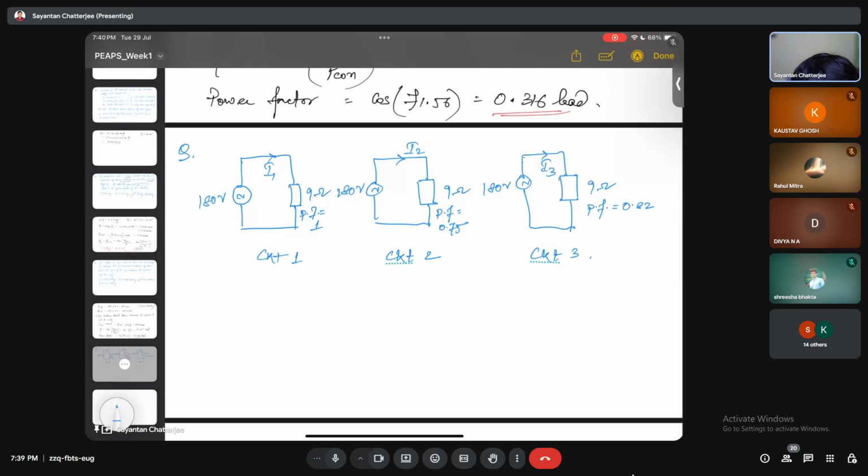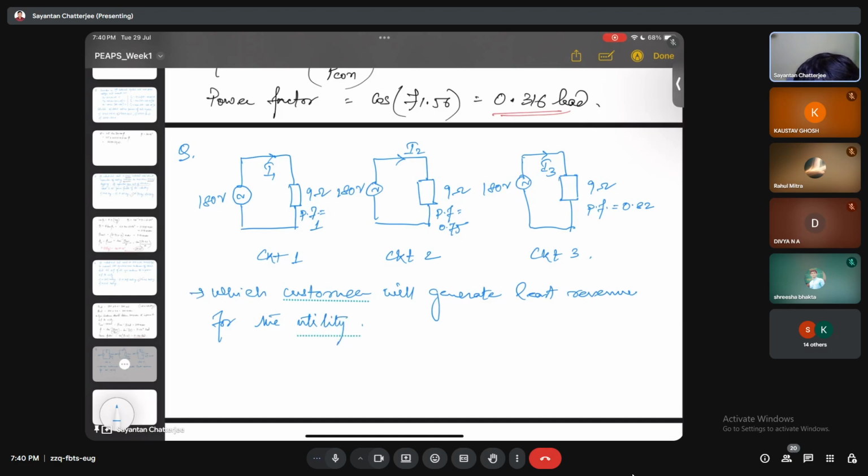The question is, which customer will generate the least revenue for the utility?